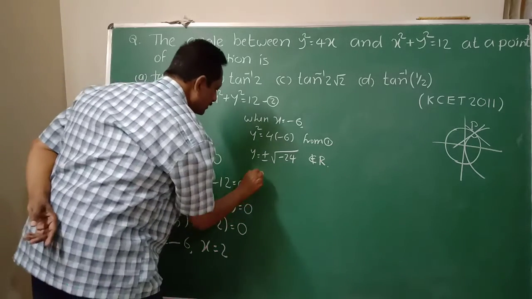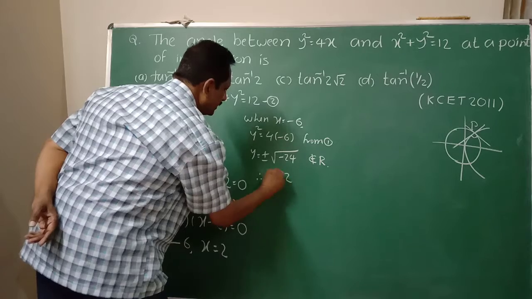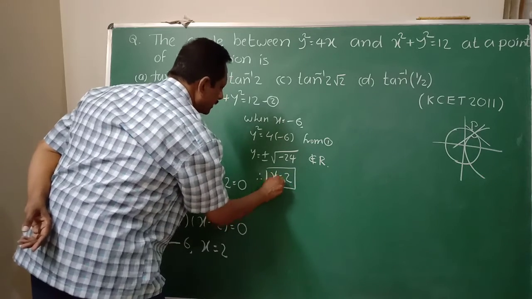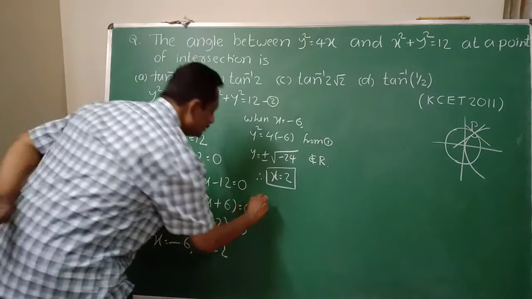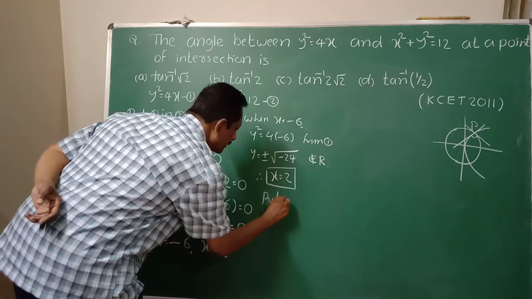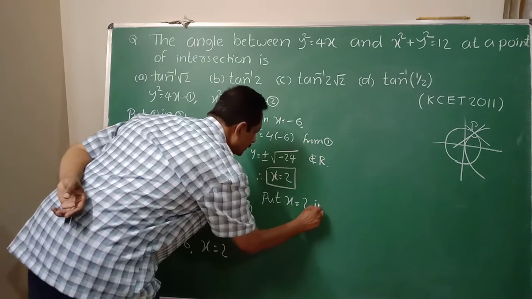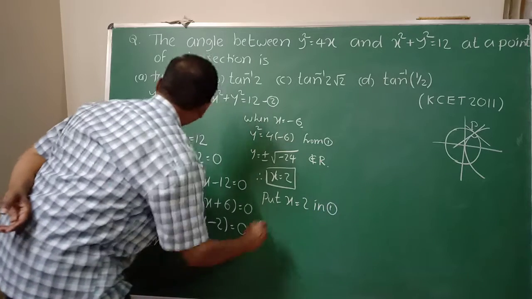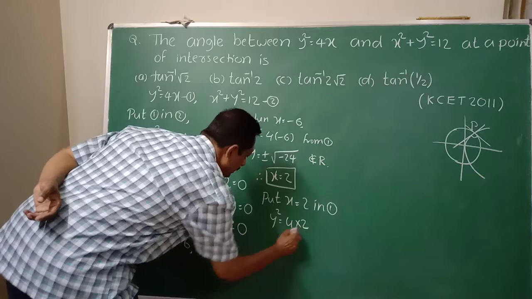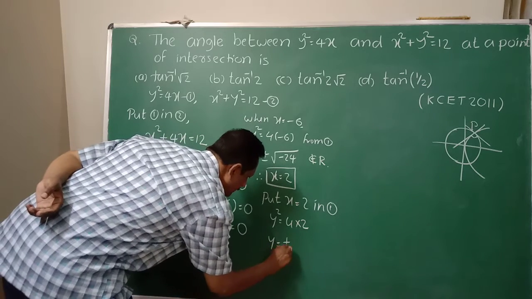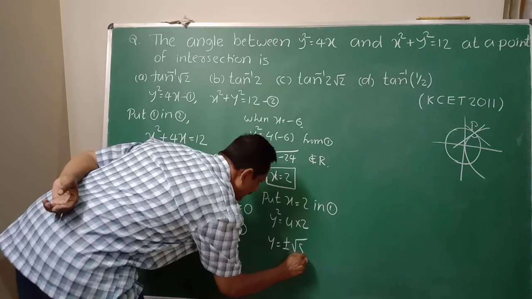Take here x equal to 2 here. Put x is equal to 2 in equation 1 here. So y square is 4 into 2 here. Then y is equal to plus or minus root of 8.